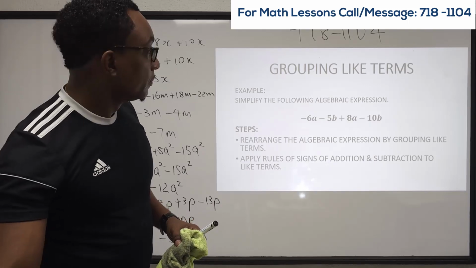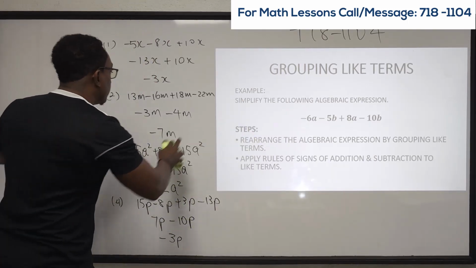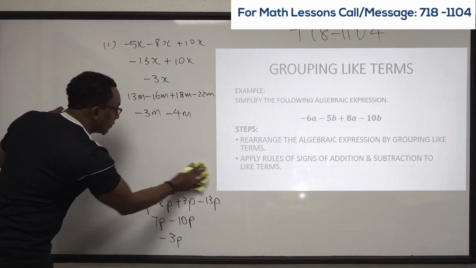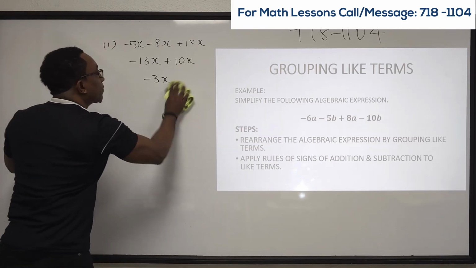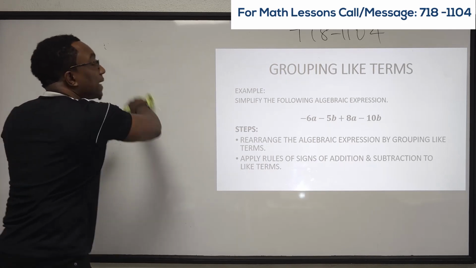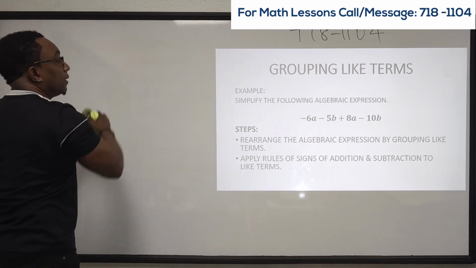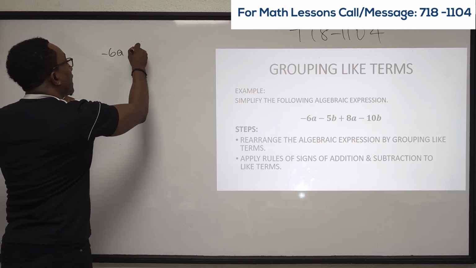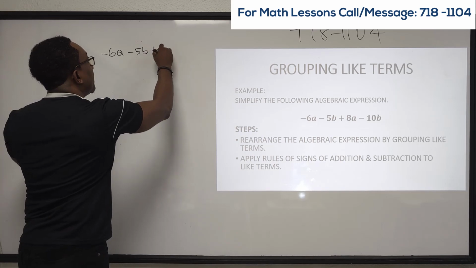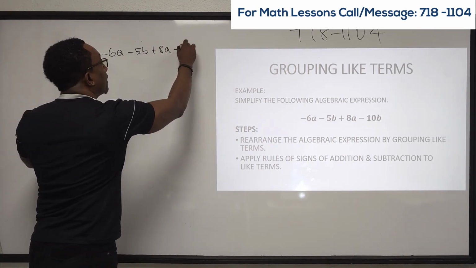So let's look at this example here. So we have to simplify that algebraic expression shown. We have negative 6a minus 5b plus 8a minus 10b.